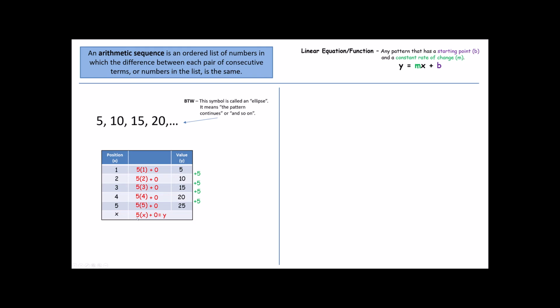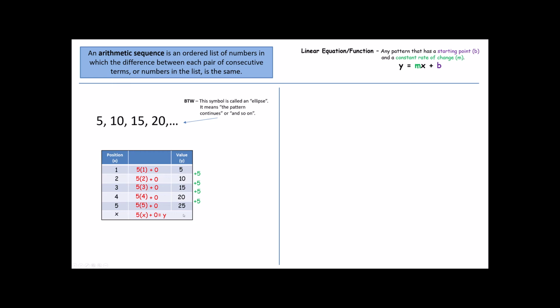You can see right here, since I'm constantly growing by 5, my m value is going to be the 5. And b is some initial value or starting point. Down here, you can see that we are starting at 0. So this pattern starts at 0 and grows by 5 for every position.